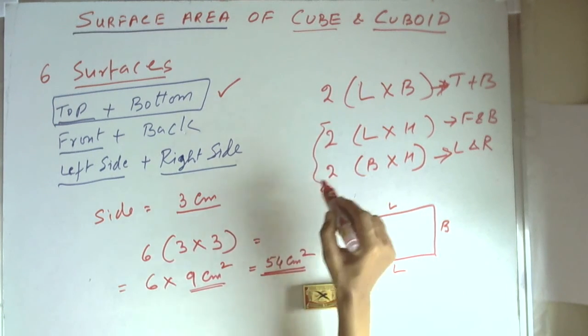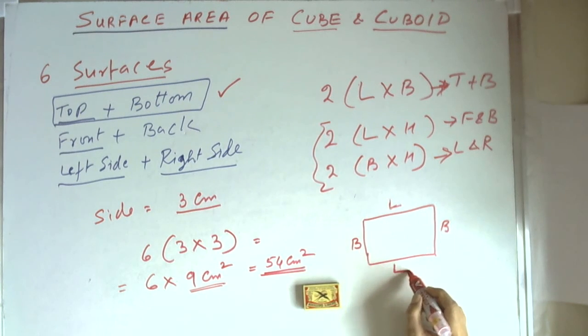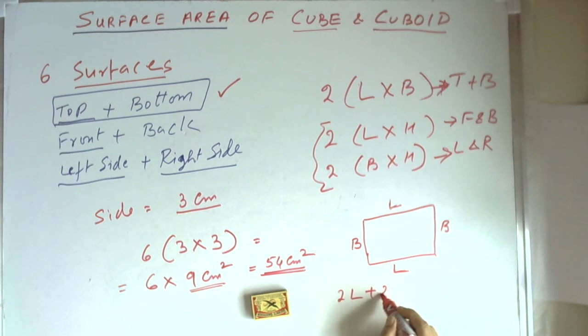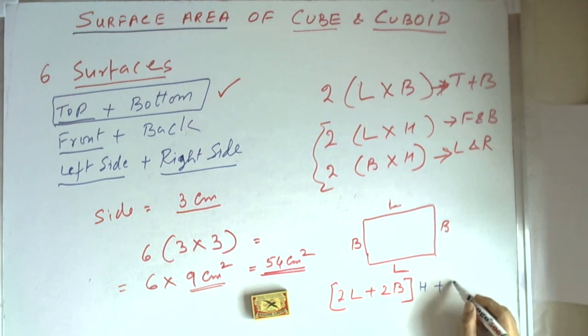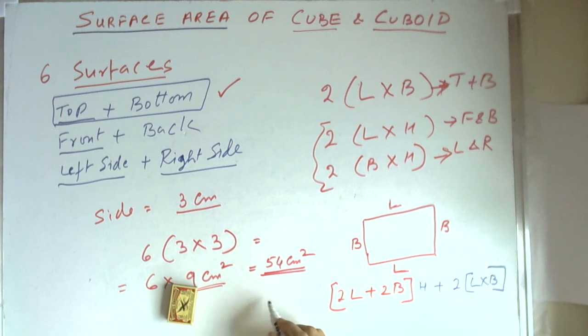So 2 times length and 2 times breadth, into height, plus the 2 times of top and bottom, which is length into breadth. So this is the surface area for 6 sides.